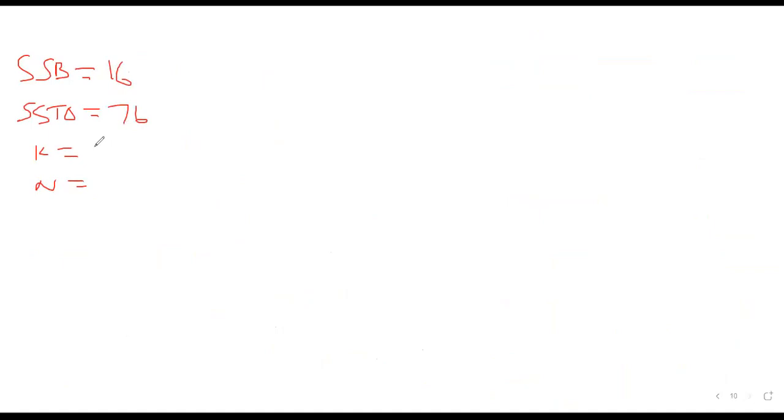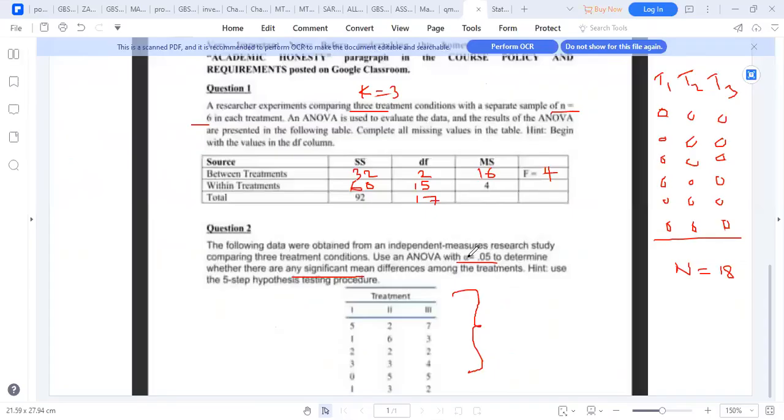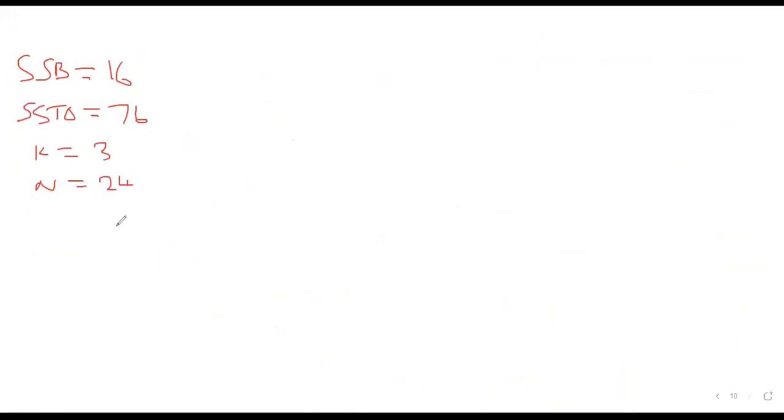And here we have 3 and 24. And according to the question, what is our level of significance? 5%. Level of significance 5%, so we'll put 5% here.